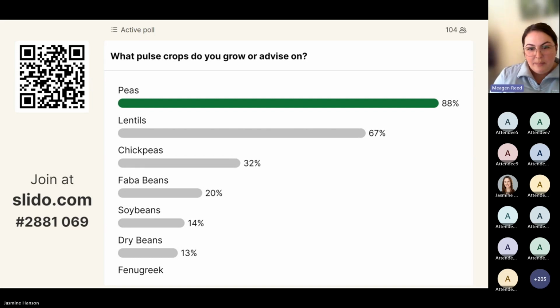So 88% peas, 67% lentils, 30% chickpea, 20% faba bean, and then we have smaller portions of soybean, jar bean, and fenugreek.